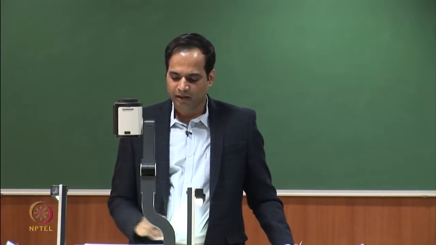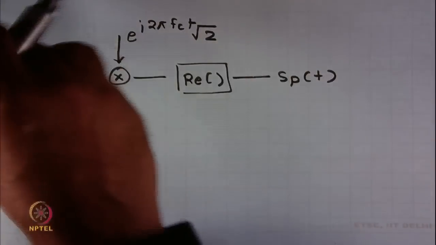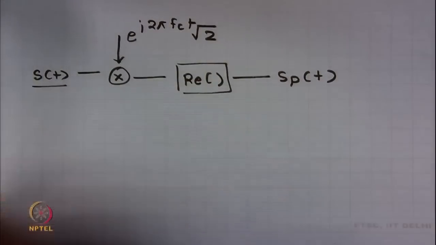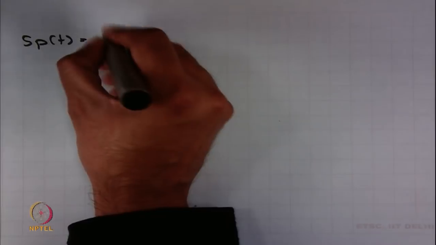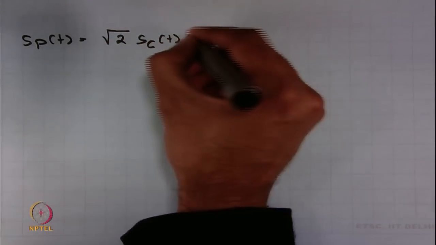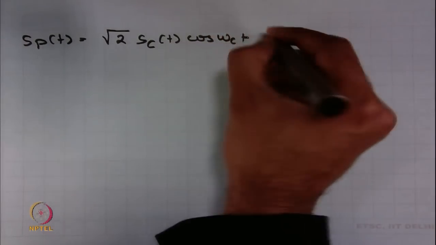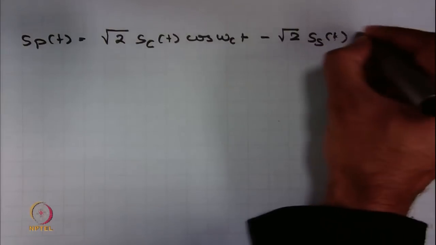Now, let us see, can we go back from S_p(t) to S(t)? If I want to go from passband signal to baseband signal, what is that representation? So, let me write S_p(t) again, which is root 2 times S_c(t) cos ω_c t minus root 2 times S_s(t) sin ω_c t.